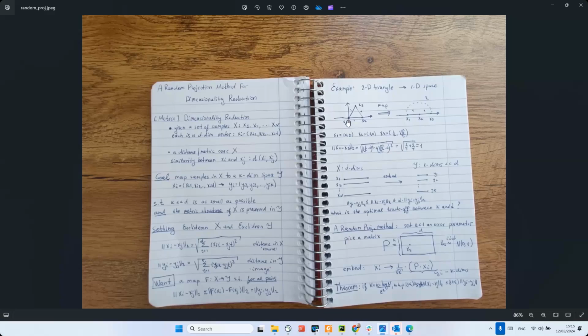So some of the clustering algorithms will depend on the triangle inequality, right? So the triangle inequality will have inaccuracy.